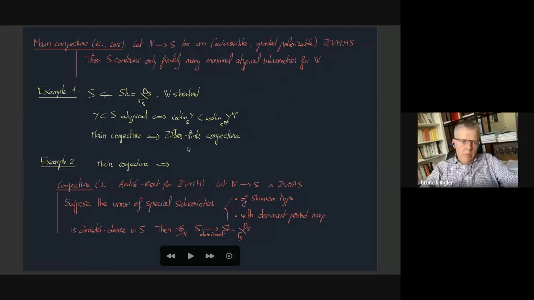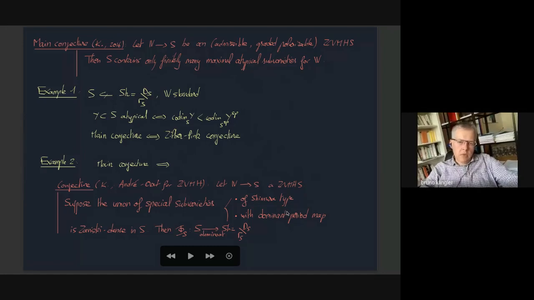So a typical application of this main conjecture is what I call the André-Oort conjecture for variations of Hodge structure. So this is an extreme case of atypical intersection. Suppose you have a variation of Hodge structure, and suppose that you restrict yourself to the special subvarieties which are mapped to Shimura subvarieties inside your period domain, and such that in restriction to those special subvarieties, the period map is dominant.